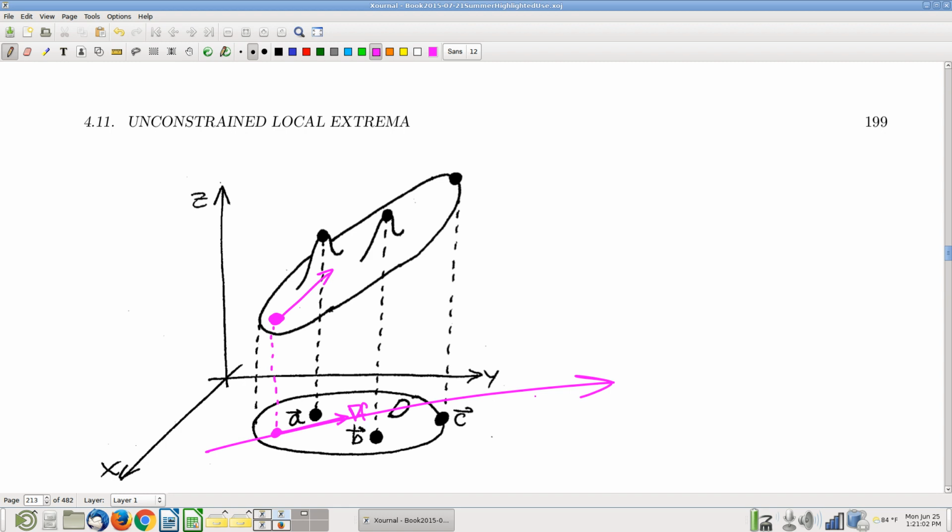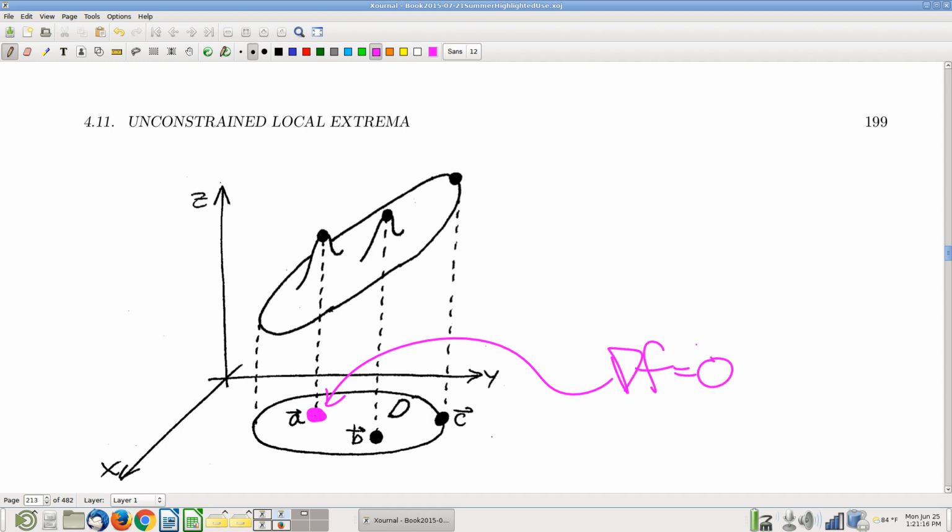Now here's a different way to say it. Sort of the punchline then is if you find a point where the gradient is 0, your argument breaks down.